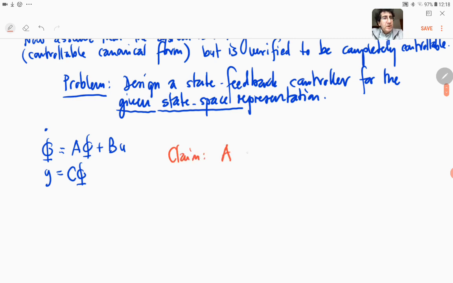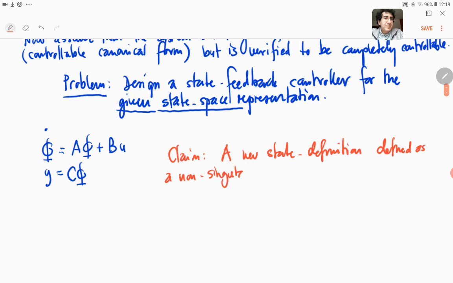A new state definition given by a non-singular linear transformation, phi equals P to the power minus 1 times x.